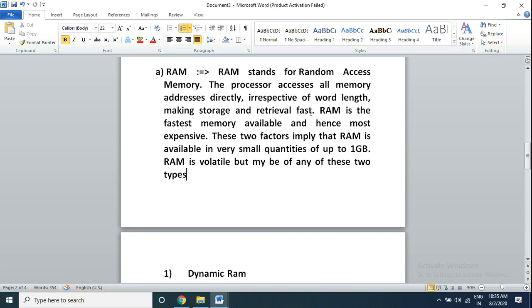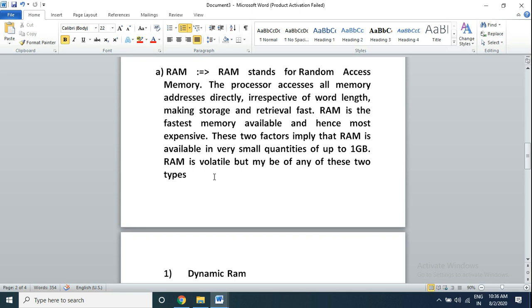So its speed is very fast and it also stores data very fast. RAM is the fastest memory available and hence the most expensive. These two factors imply that RAM is available in small quantity, up to 1 GB. RAM is volatile.